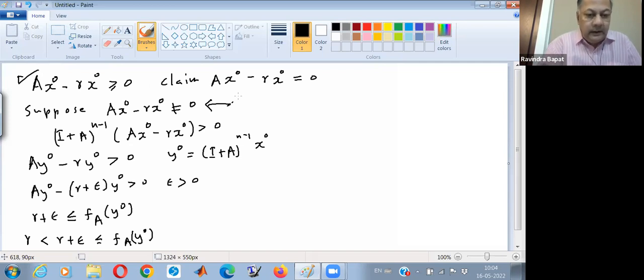But these are not technical proofs, these are simple proofs that I am presenting. I hope this is clear. Because I am contradicting the maximality of R, it follows that x naught is an eigenvector, because now we have shown that this claim is proved.